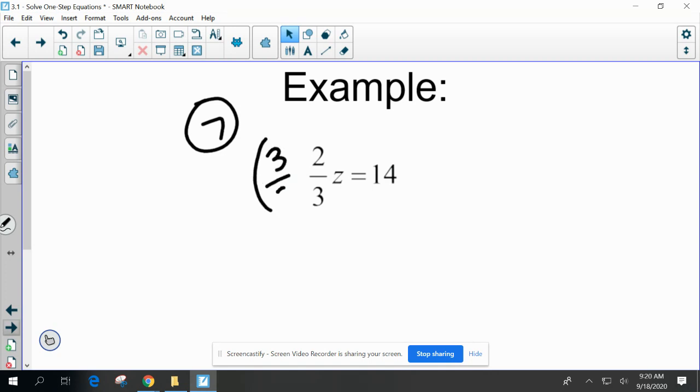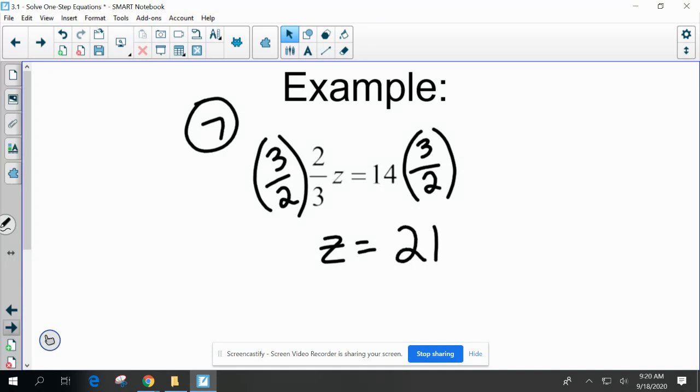So you're going to multiply by 3/2. So z equals, I got 21. Okay, and then we just have one more.